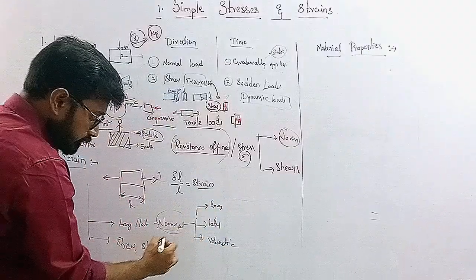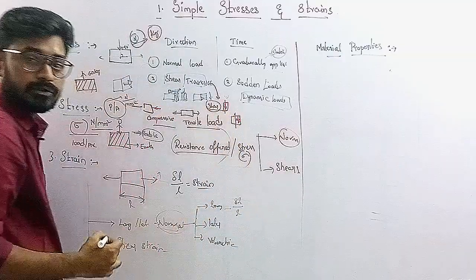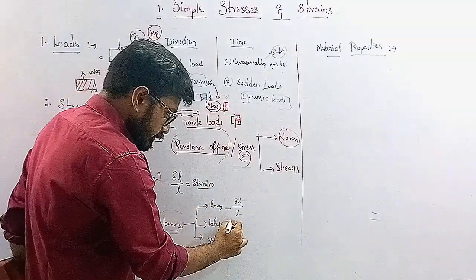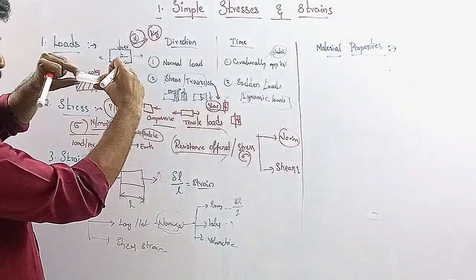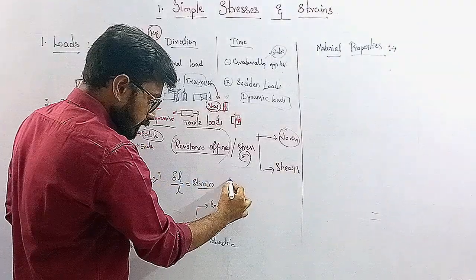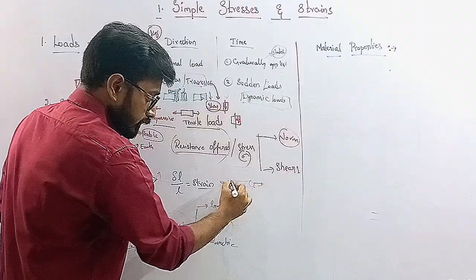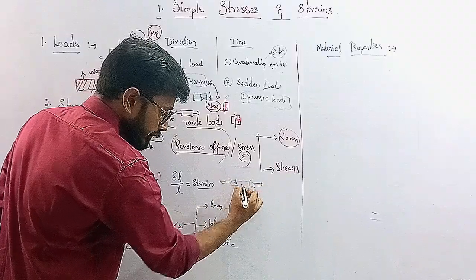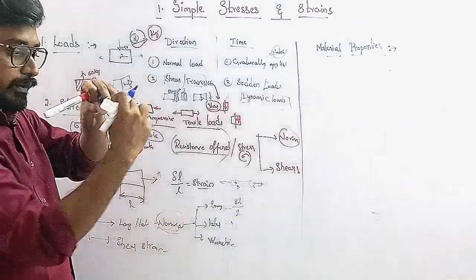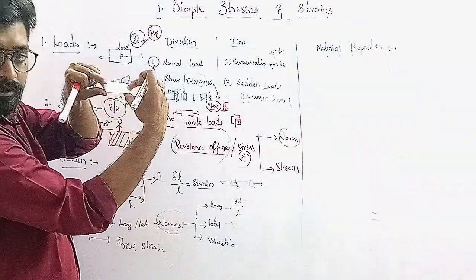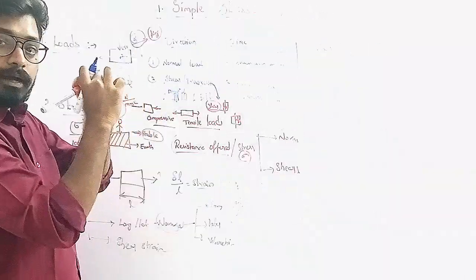So the longitudinal means the change in length by original length. But lateral strain means if you applied some tensile load on this body, it will extend in this direction and it will reduce in the other two dimensions, right? So if you applied load on the main axis, there will be some deformation in the other axis also.